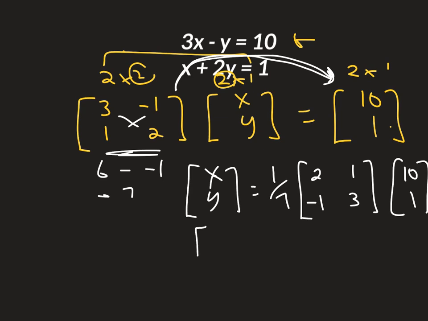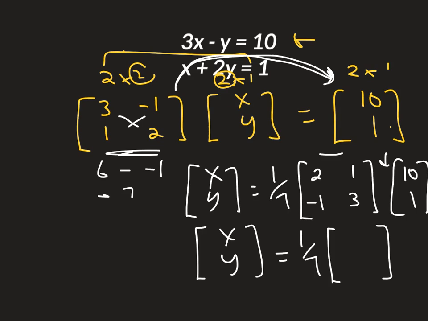Now all I'm going to do to finish up is multiply those 2 matrices together. I'm actually going to leave the 1/7 for the end because it's going to be too complicated to get the fractions in there. So I'm going to go across down. I'm doing 2 times 10, which is 20. 1 times 1 is 1. If you add those, you get 21. Again, across down. Negative 1 times 10 is negative 10. 3 times 1 is 3. If you add those, you get negative 7.